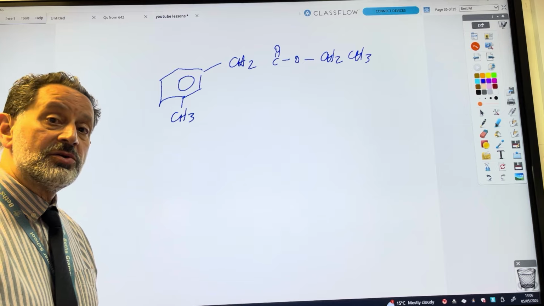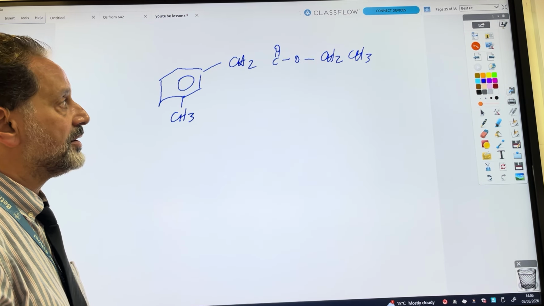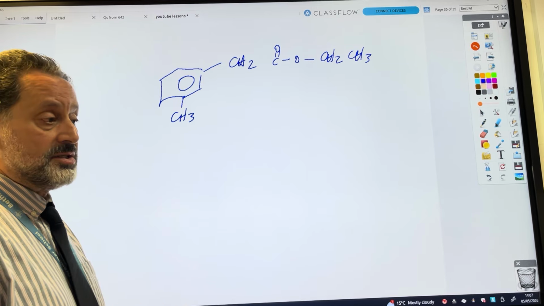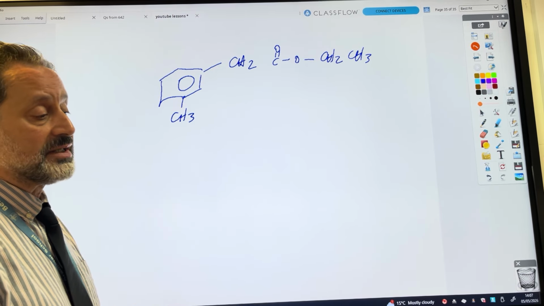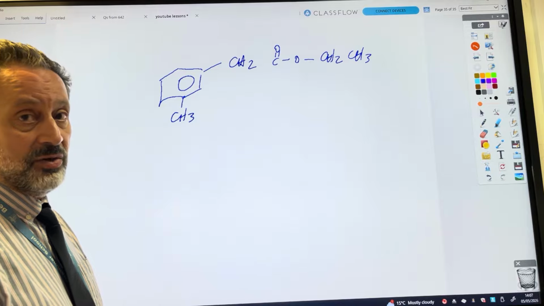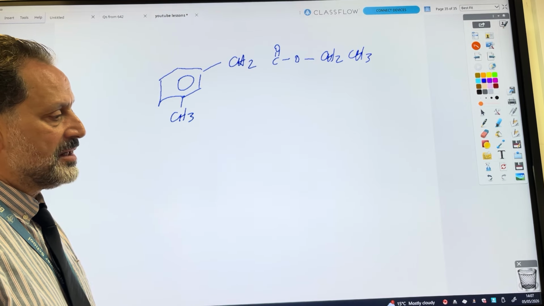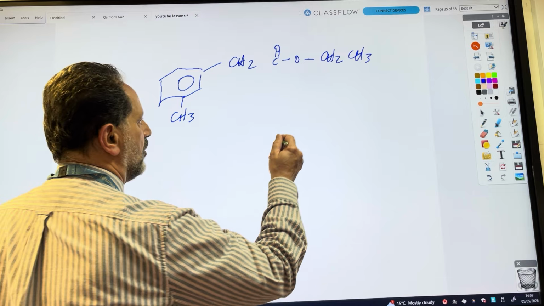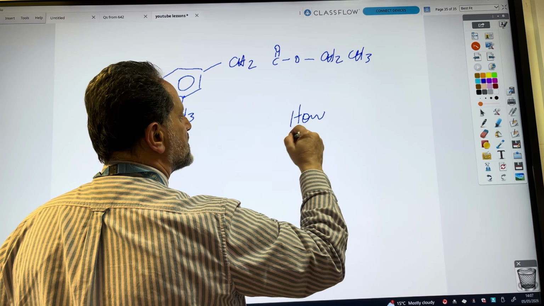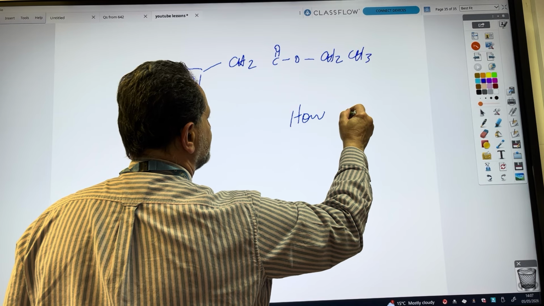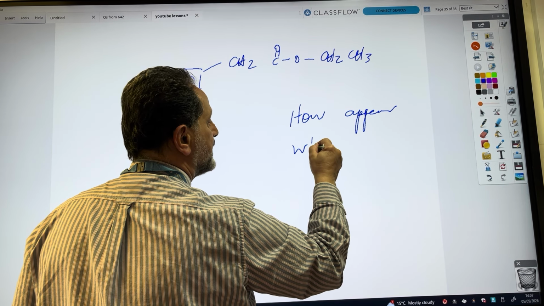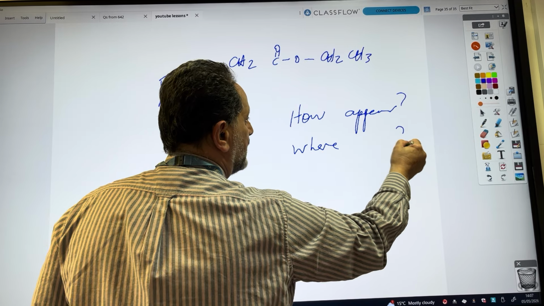Well, how would this look like on an NMR? What I'm about to tell you is you do not need to memorize the actual positions where these signals appear, because they're all on your data sheet. But what I always tell all my students is, how do the signals appear? And where do they appear?